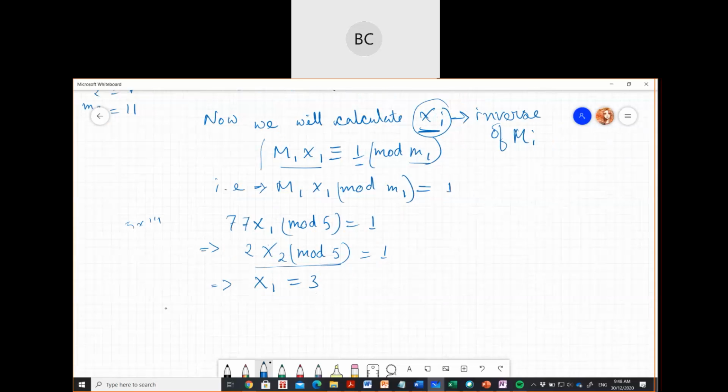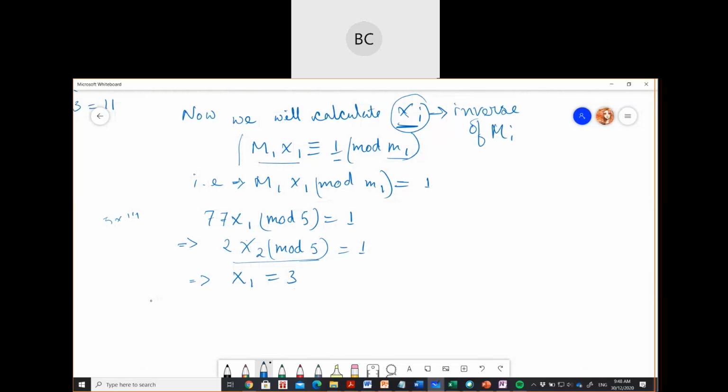So this is our x1. Now again need to find out x2.